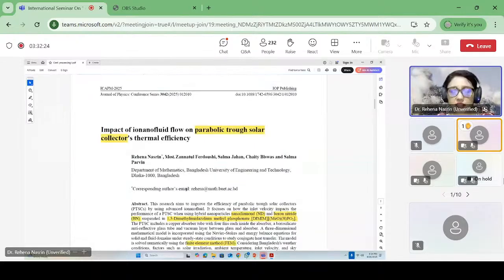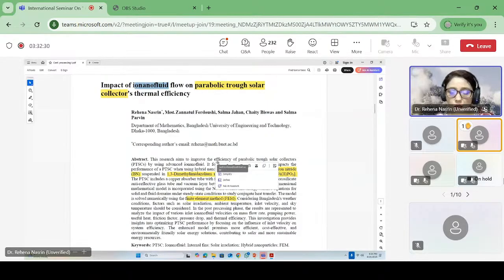What is this? This is nanoparticle with the base fluid as ionic liquid, not the base fluid as water. From the chemistry department, they all know this type of ion, anion, cation.